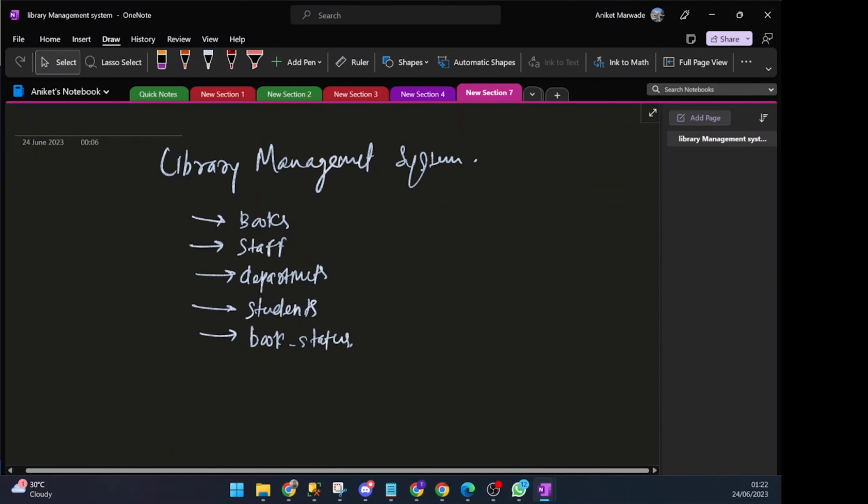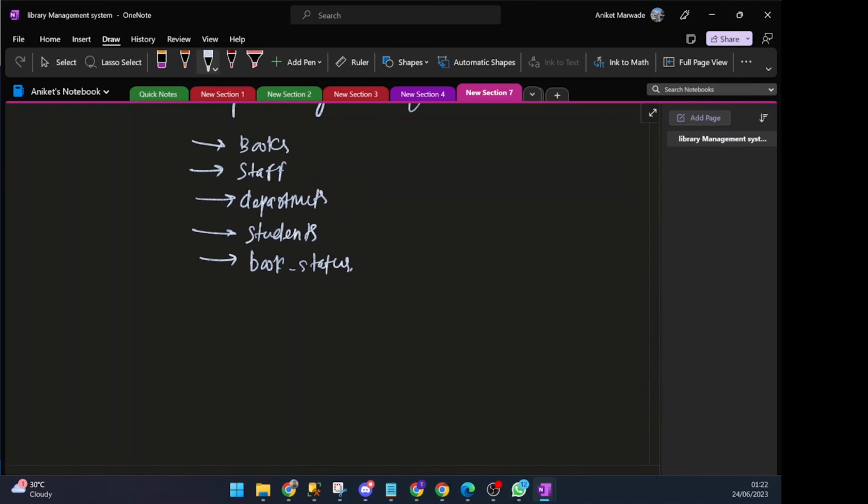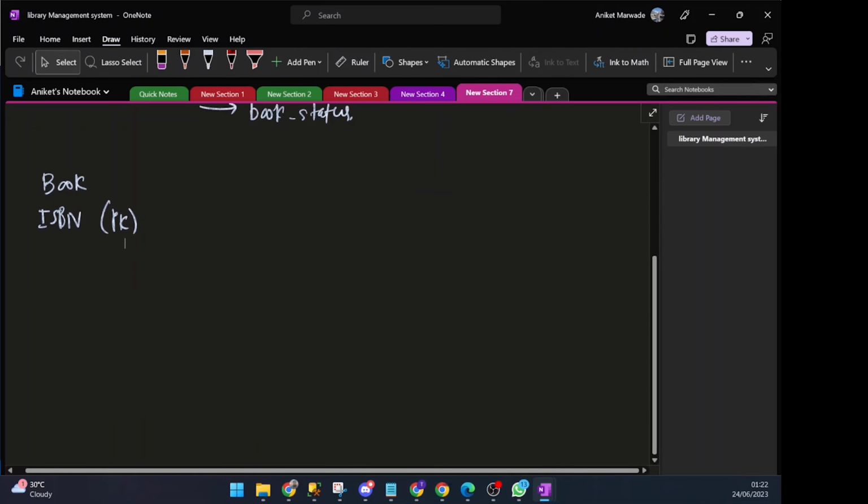So what kind of columns can we expect in these tables? Let's define the columns of the tables. Let's consider first a book table. Here we can have ISBN number. ISBN number is a unique number which is given to published books. It is unique for all, so we will consider it as a primary key for the book table.